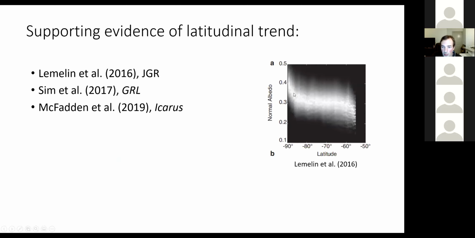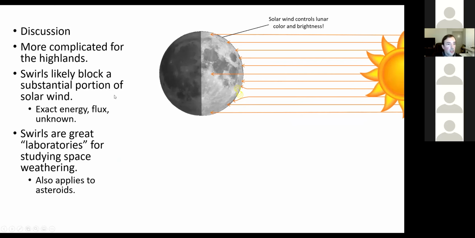And you can see at the high latitudes, you start to go up and get a little bit of extra brightness. Here are a couple of other papers. There's a nice study of crater walls in the Earth's magnetosphere and outside the magnetosphere. Anyway, it looks like the evidence for that was eventually confirmed.